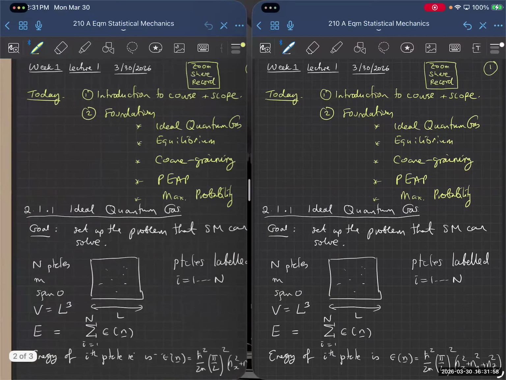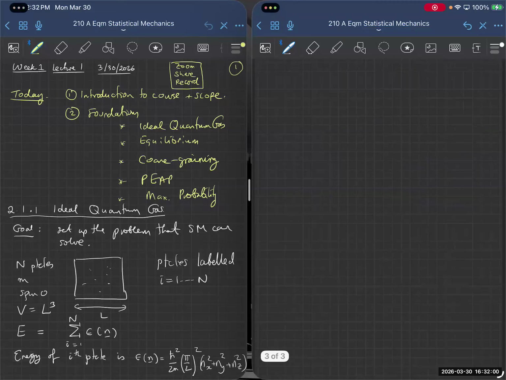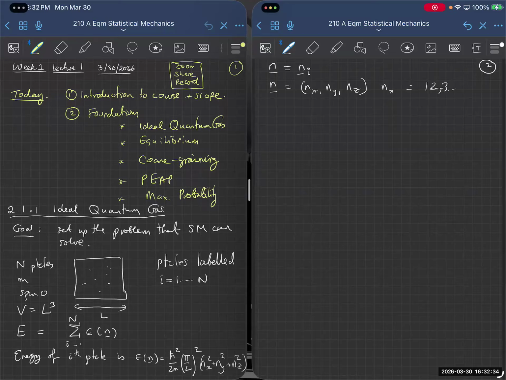That's the solution of the Schrödinger equation, and the n is just what I mean by n i. The values of n x, n y, and n z go from 1, 2, 3, and so on, all the way up.